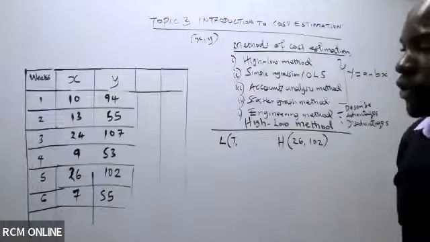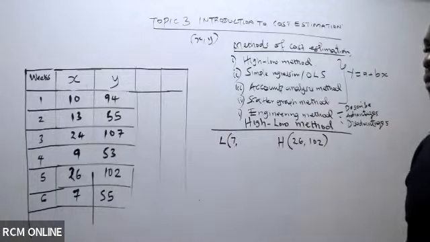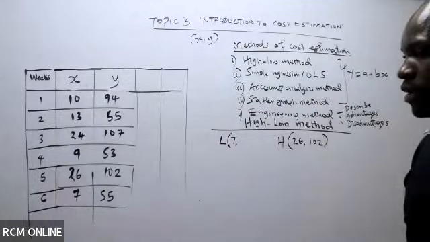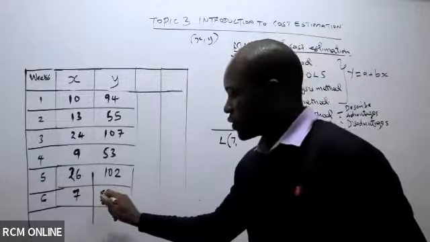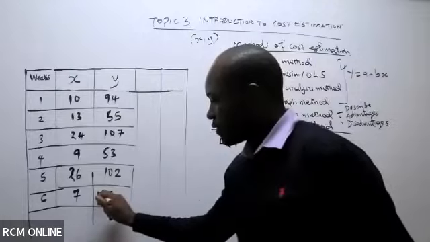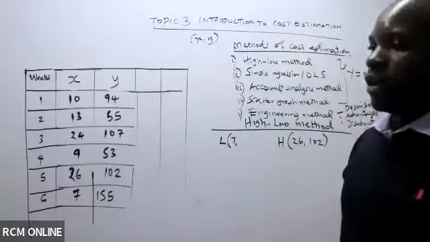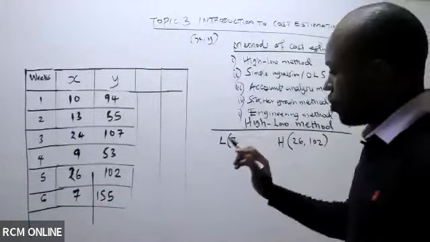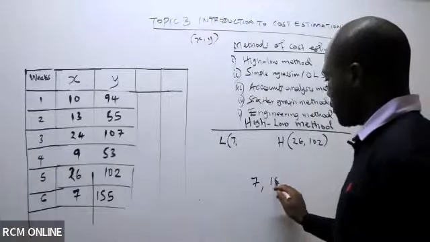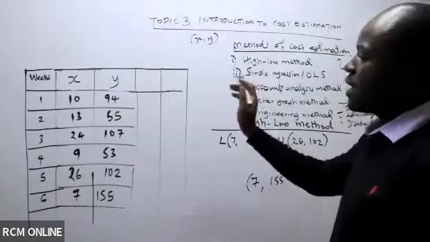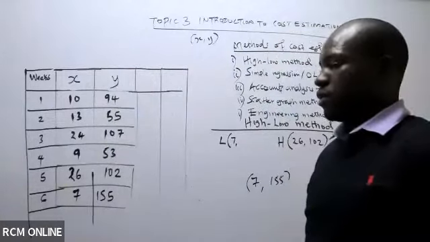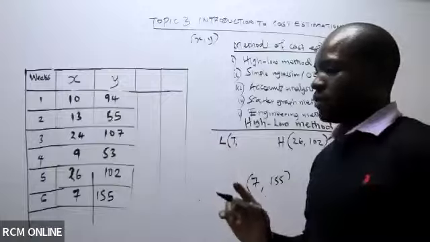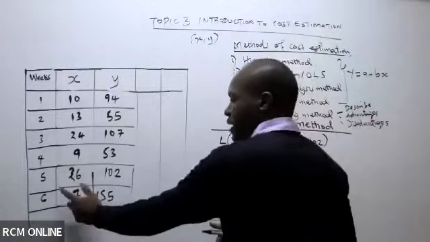Whether it corresponds to the highest figure, that will be our lowest coordinates. Assume this 7 was having 155 here. What will be your lowest? I will still go for 7, 155. I will close my eyes and forget about Y. Y will not dictate what I want to pick until I have similar figures.